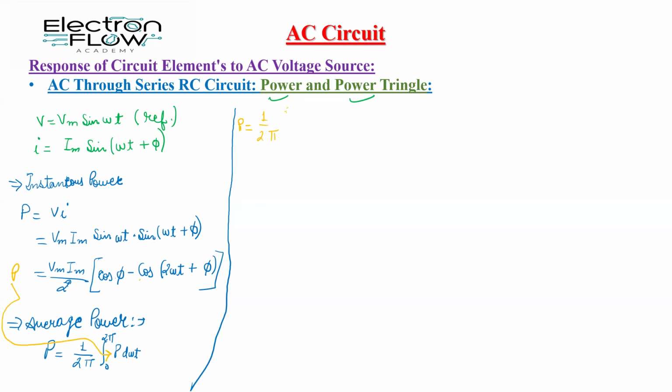So 1 upon 2 pi, integral from 0 to 2 pi, of Vm Im divided by 2 times [cos phi minus cos(2 omega t plus phi)] d omega t. Okay, so this is our equation.